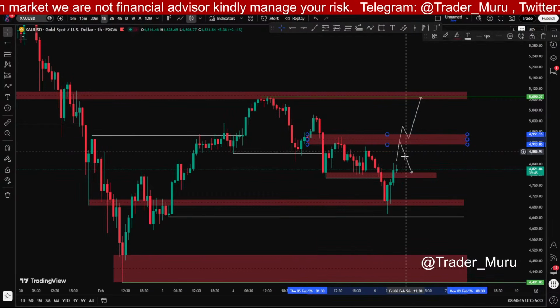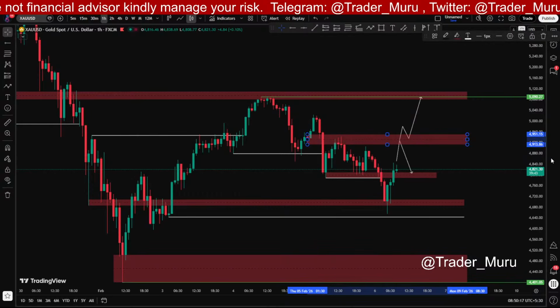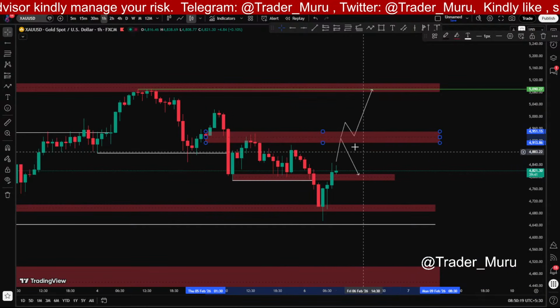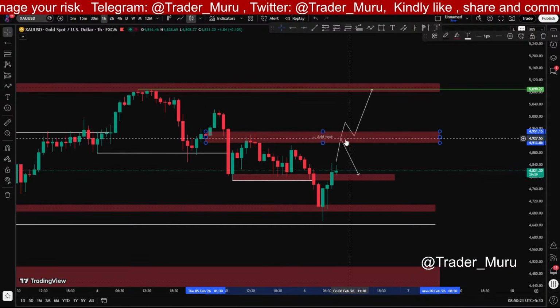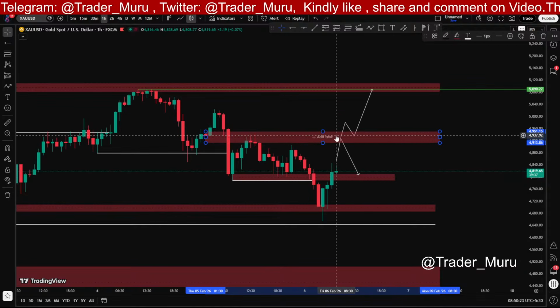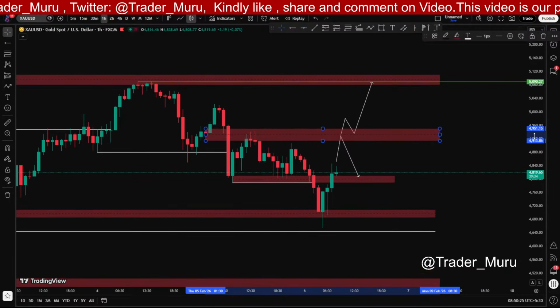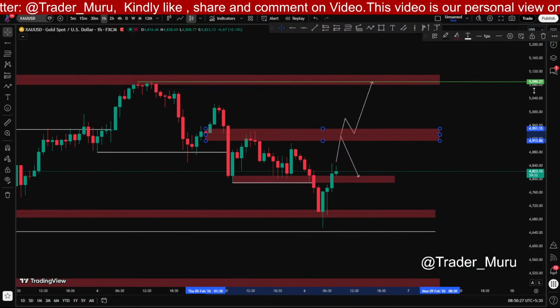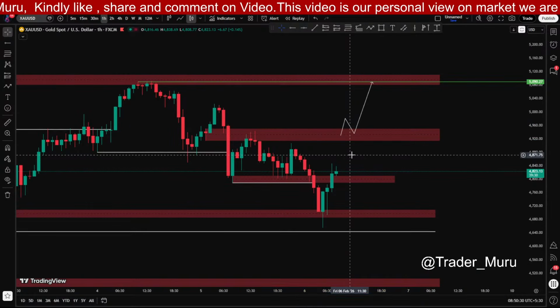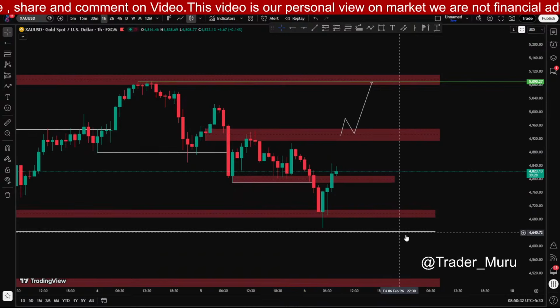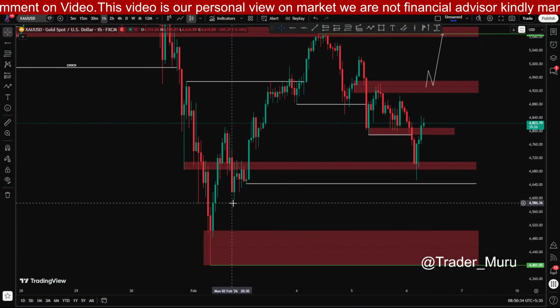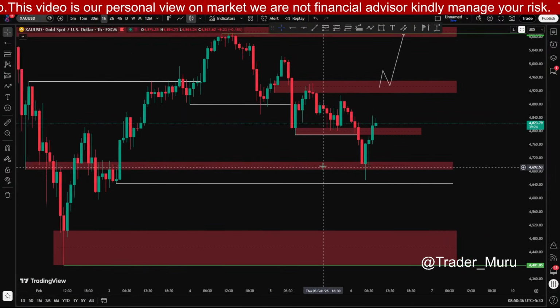So this is the key zone which we mentioned yesterday. If this area doesn't get flipped, we will be looking for a short. If this area gets flipped, we will be looking for a buy for the target of 5000. But most probably price is likely to test this area because it has the liquidity of this inducement.